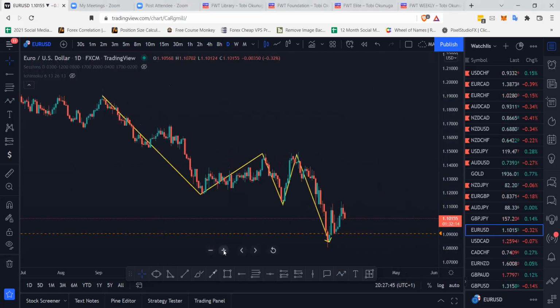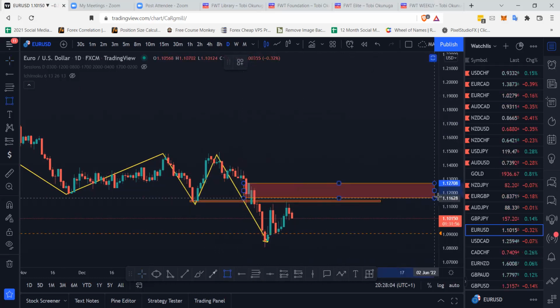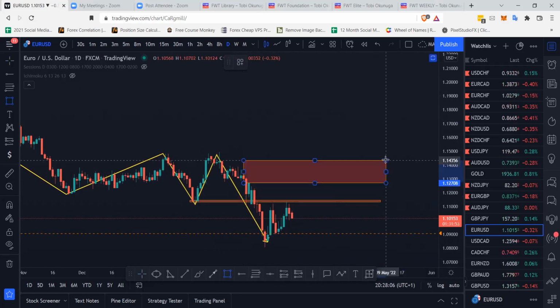This is a break of structure here. So if we see a buy setup here, for example, your ideal target will be somewhere above this break of structure. That's where we're expecting price to get to, somewhere here.